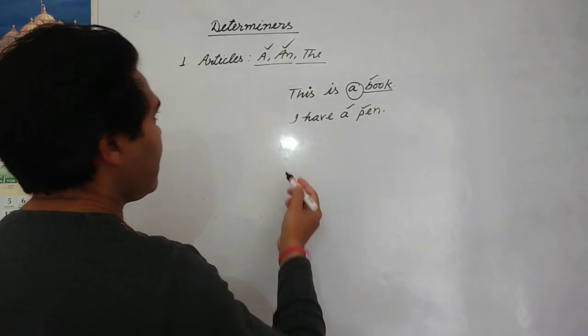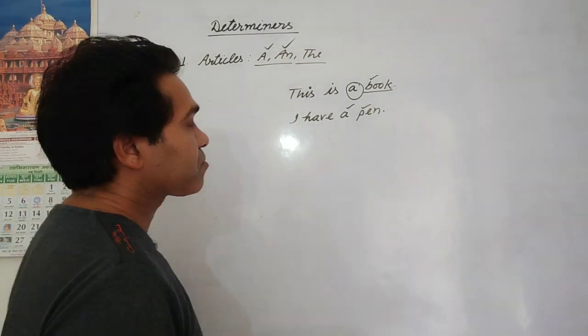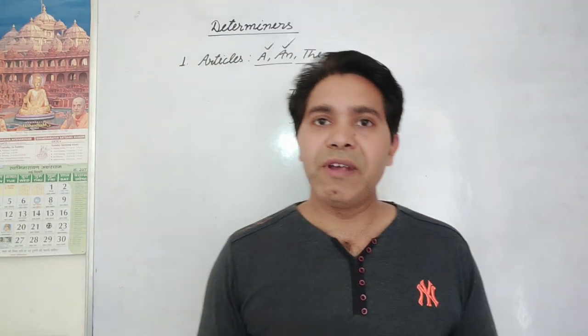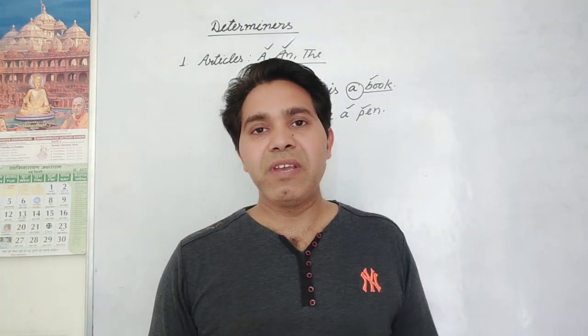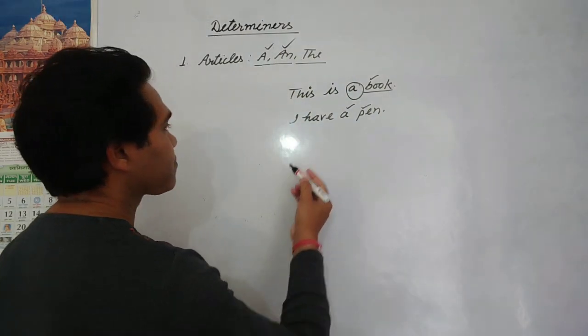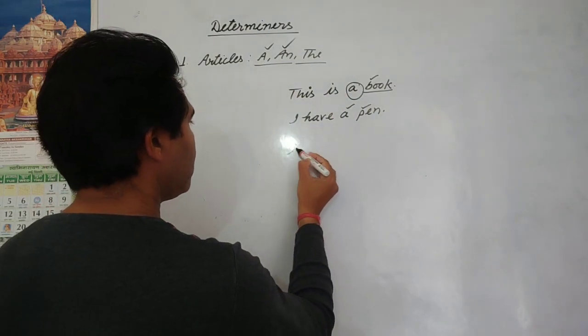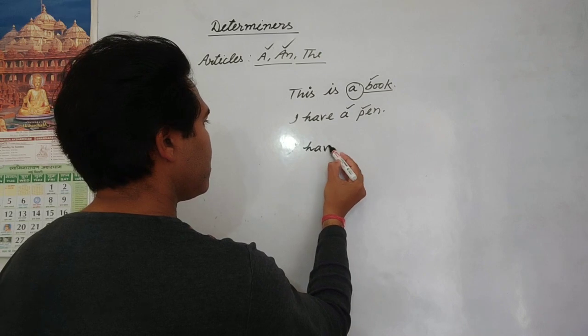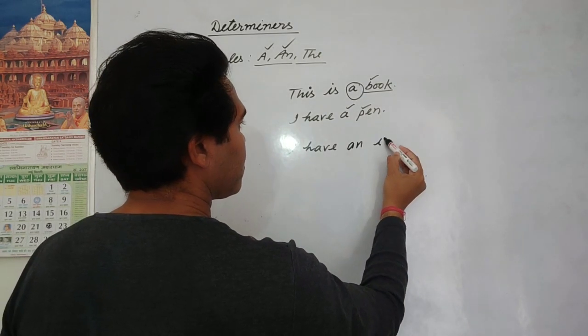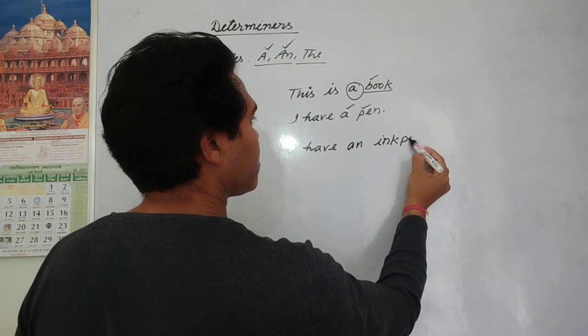Okay. And an before vowels. When we get the sound of a vowel, then we use an. How? I have an ink pot.